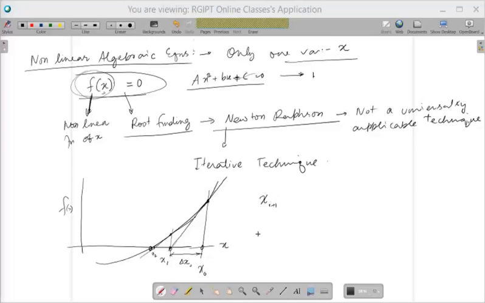The step size in x, x(i+1) minus x(i), that is delta x(i), is given by f(x(i)) divided by f prime of x(i). So x(i+1) is given, with a minus sign, by x(i) minus f(x(i)) divided by f prime of x(i).